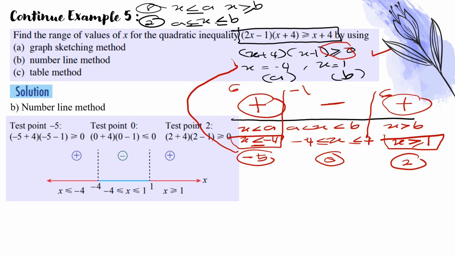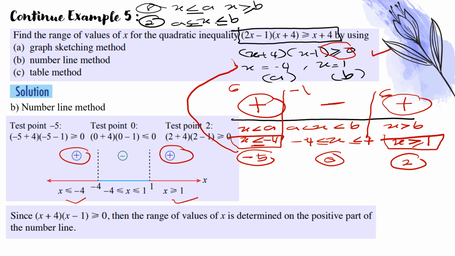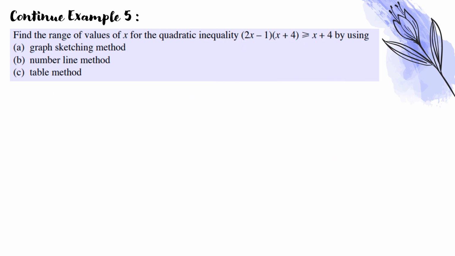This is how the number line should look. Choose the positive region, since our inequality is more than 0. Your final answer should be these 2, the positive parts. Hence, our range is x less than negative 4 or x more than or equal to 1.